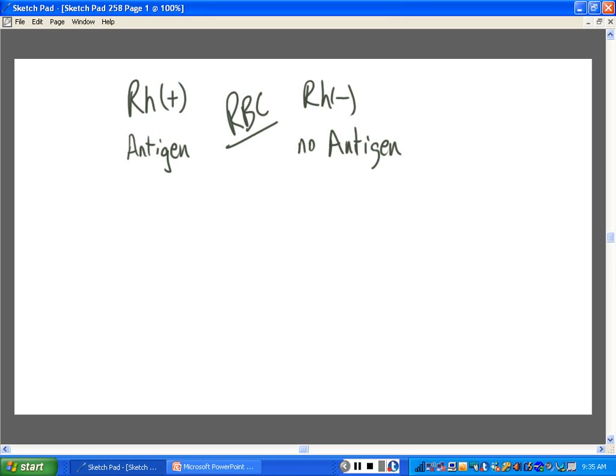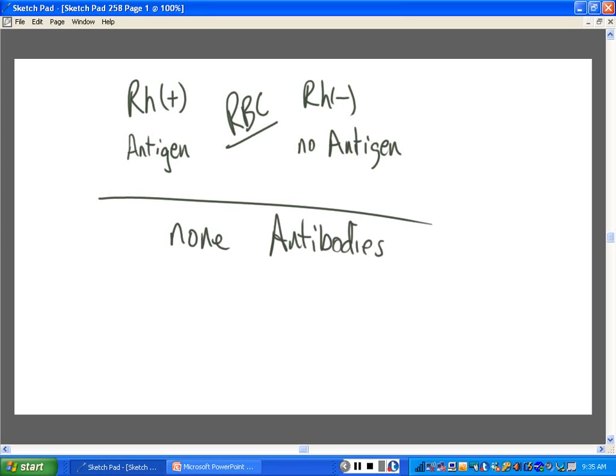Okay? Now here's the cool thing. Naturally, none of us have the antibodies. It doesn't matter. This one's different than type A and B. You do not develop the opposite antibodies with this.